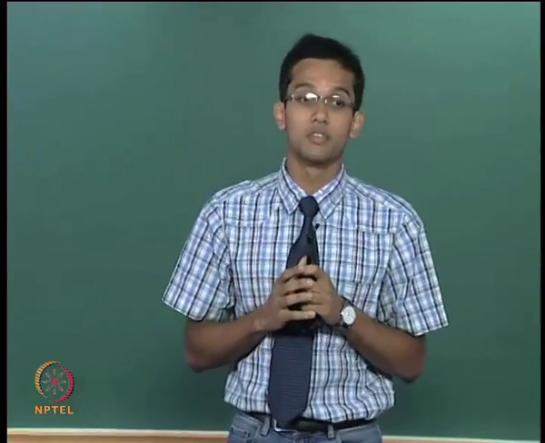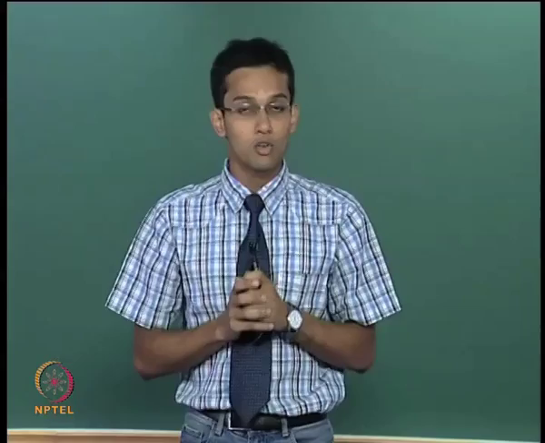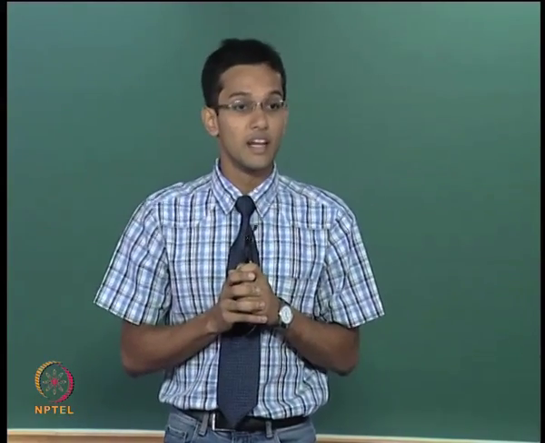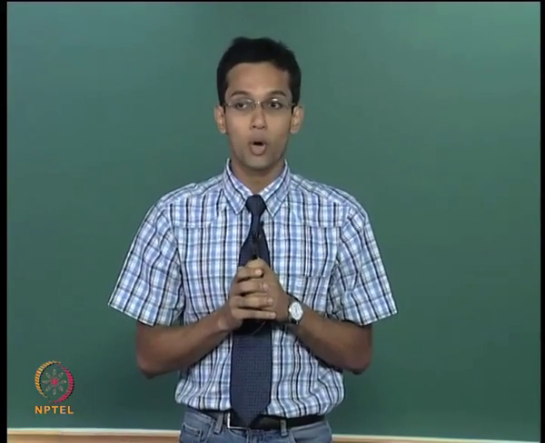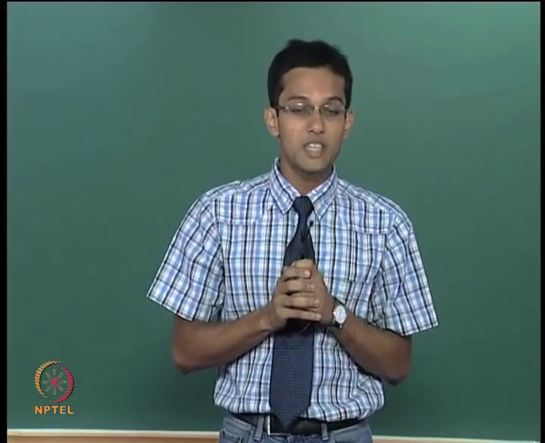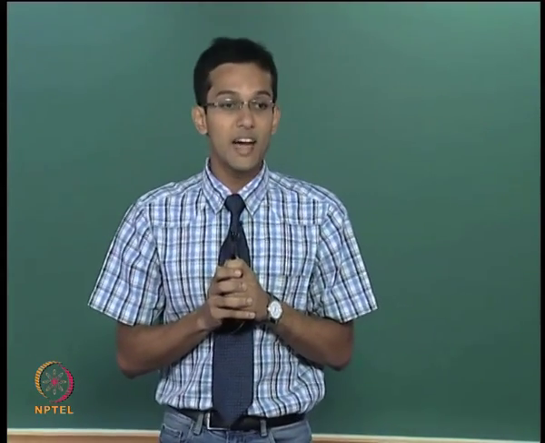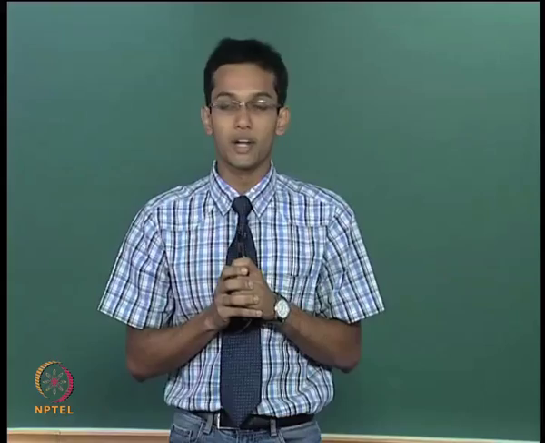The intersection of these spheres from 2 satellites is used to confine the position of the point to a circle on the Earth. And with the third sphere, it is confined to just 2 points. One of the points is eliminated based on physical feasibility. Hence, we can uniquely identify the location of the point on Earth.